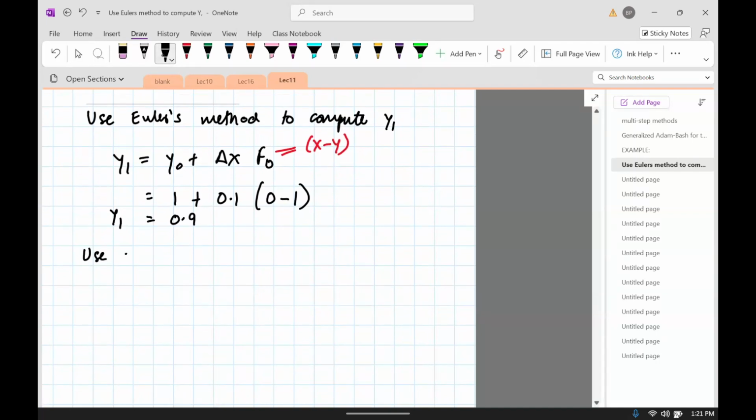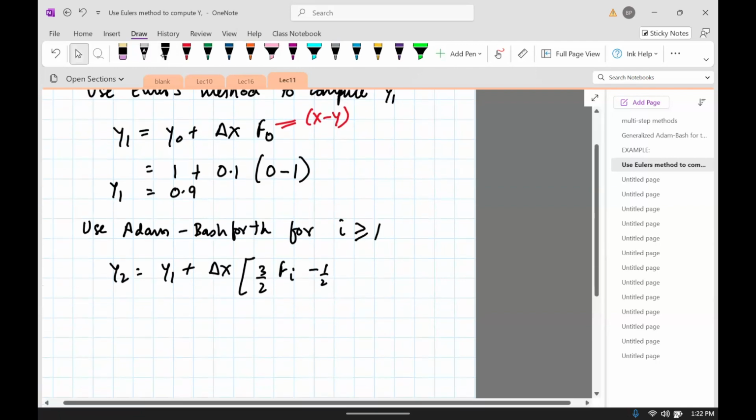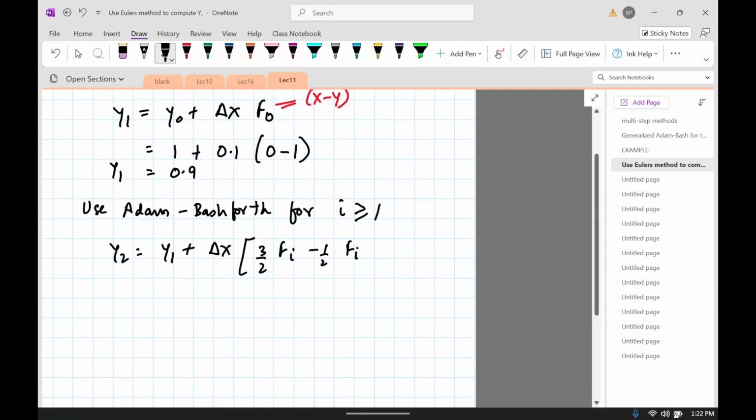Now use Adams-Bashforth for i greater than or equal to 1. So now we can say y2 is y1 plus delta x, and I'll write the formula, 3 divided by 2 f of i minus half f of i minus 1.